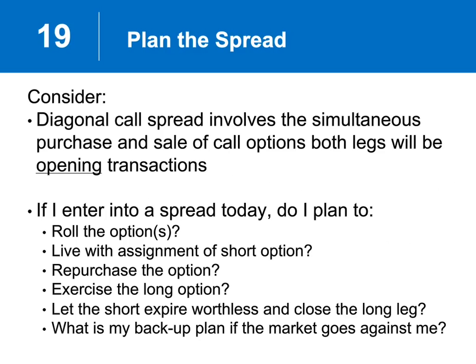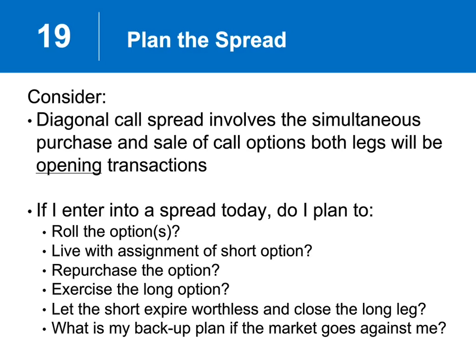When we're planning our spread, these are a few things we need to consider. Since a diagonal call spread involves the simultaneous purchase and sale of call options, both legs will be opening transactions. We'll be opening a position on our long leg, and we will be opening a position on our short leg. Questions that the spread trader should ask are, if I enter into a spread today, do I plan to roll the options?